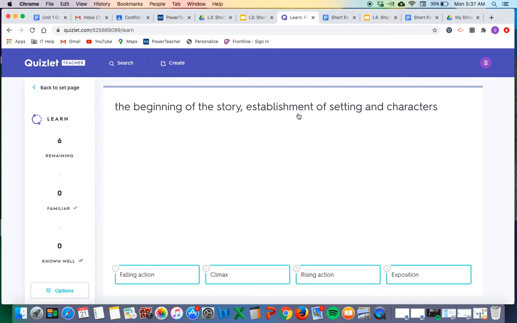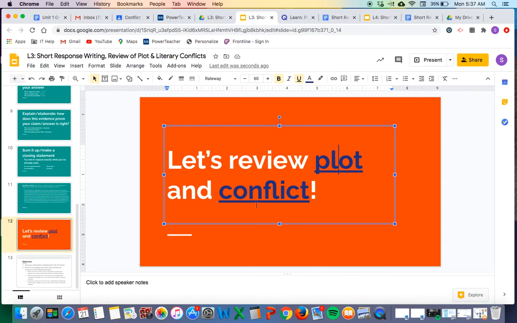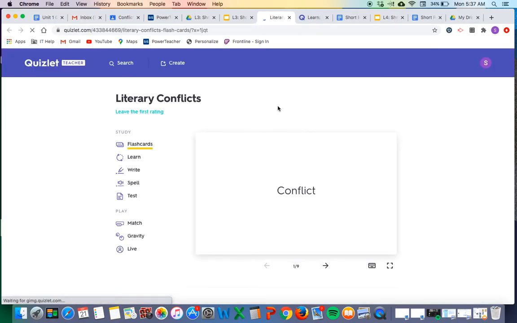The beginning of the story, establishment of setting and characters, that's exposition. And there's a separate one for conflict. So you click on the links in this slides presentation. So this goes through the different types of conflict as well as the definition of conflict itself.